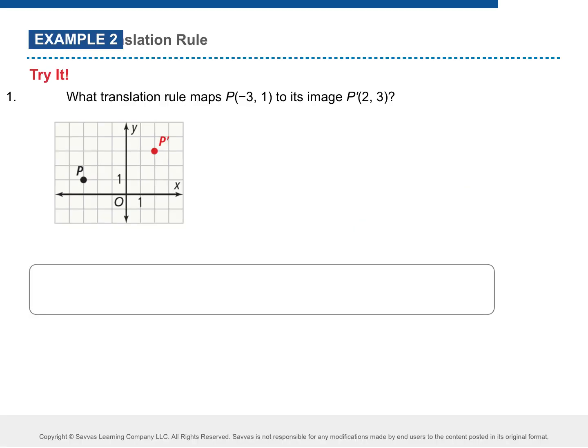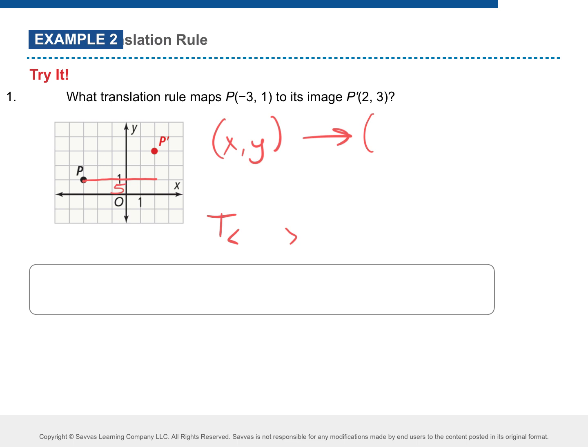So when you're doing this one, I want this rule and I want this rule. First, we have to figure out which point we start at. Am I going to start at the point on the left or the point on the right? Point on the left because that's my original. So I want to figure out my x's first. How much do I move right or left? What direction am I moving? Right. How many? 5.